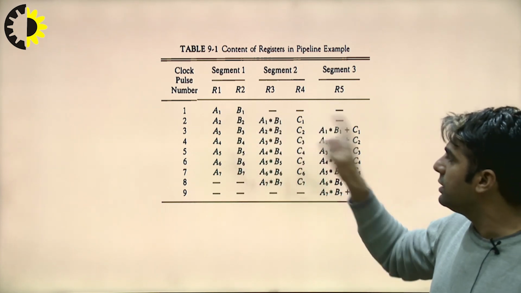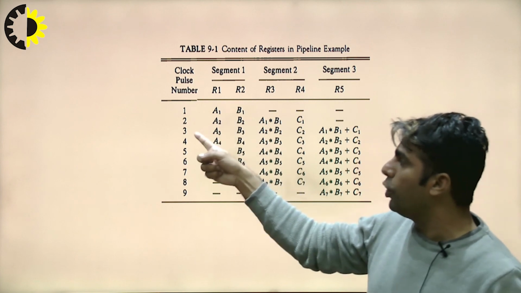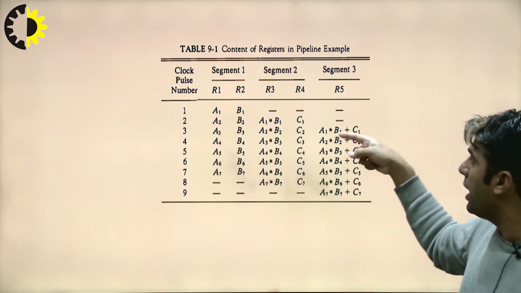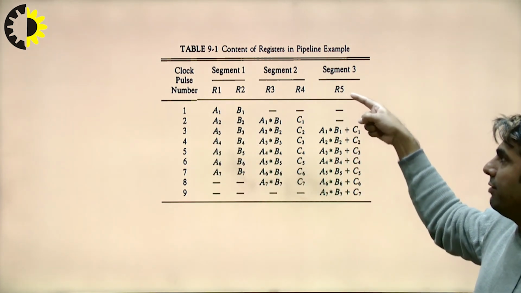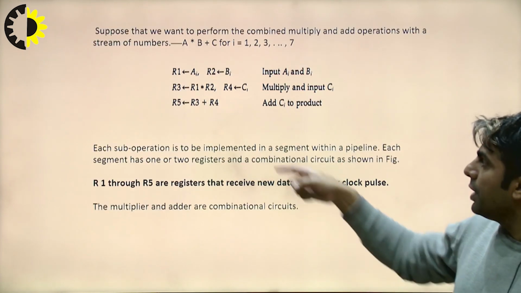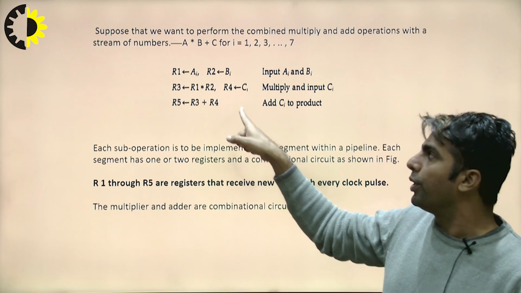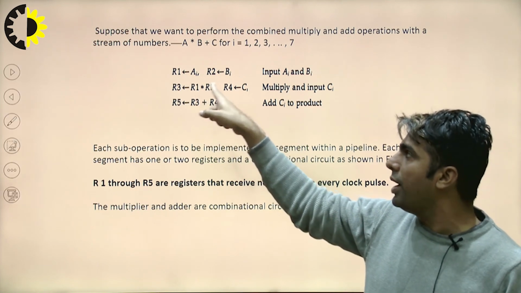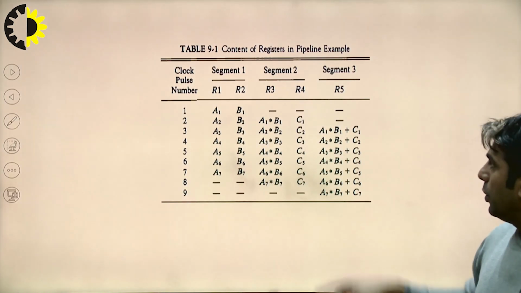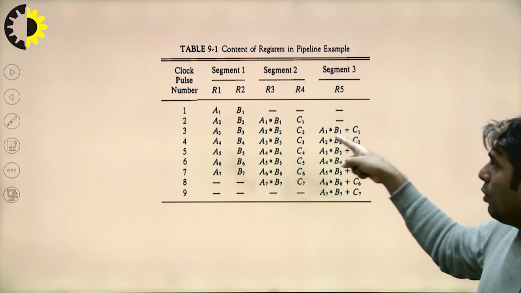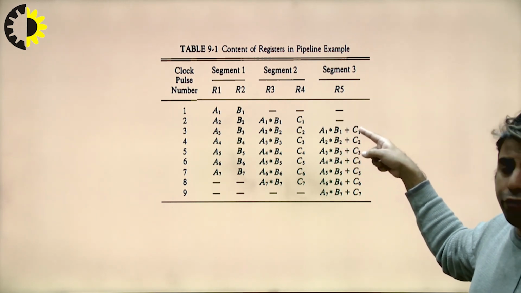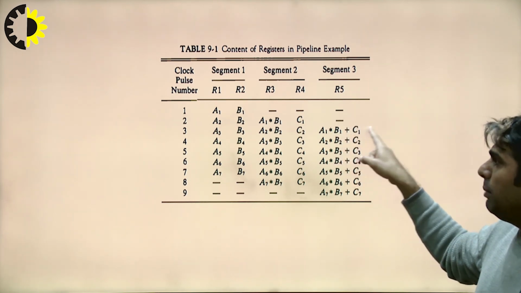Now just see what is happening on the third clock pulse. We are getting this result in R5. R5 is doing R3 plus R4, and R3 already has R1 and R2. So this is what we are getting in R5: A1 into B1 plus C1.